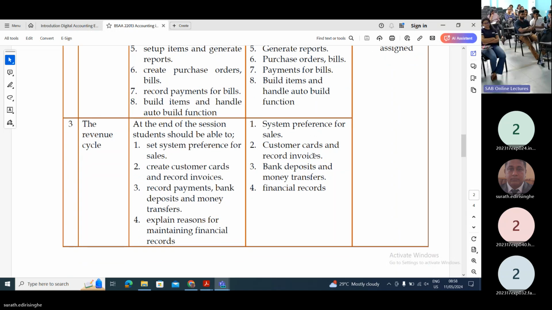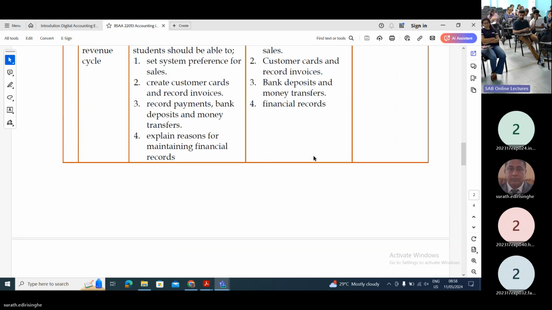At the end of the session, students should be able to use the system references for sales, customer creation, record invoices, including sales orders, and record payment, meaning customer payment. The company receives money, bank deposit, like this.